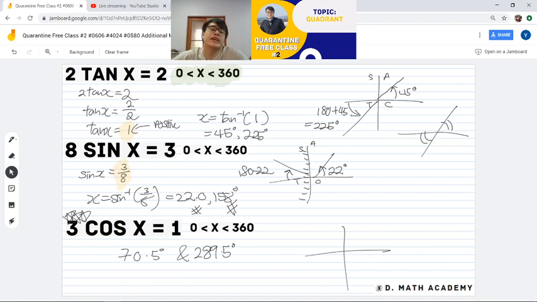For cosine to be positive, your answer will either be at the first quadrant or the fourth one. So you should get something like this. Okay, once you've got the answer, you can key it into the chat box. Then I'm gonna cross check your findings.